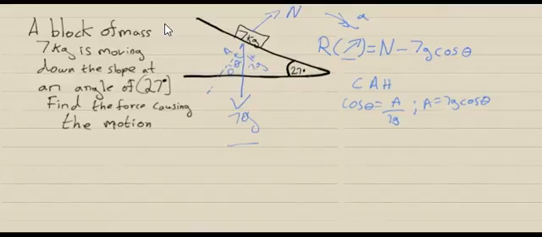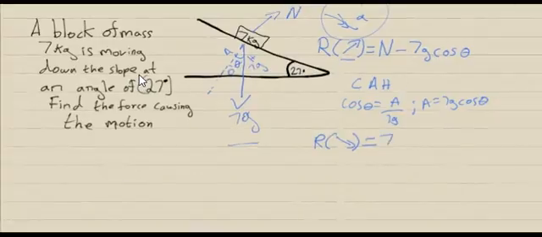Now we're going to resolve in the direction of the acceleration. So now we're resolving the resultant force in the direction of the acceleration. And that simply would be 7g sine theta minus 0, because the friction is 0. So we're assuming 7g sine theta minus 0 as it is a smooth surface.